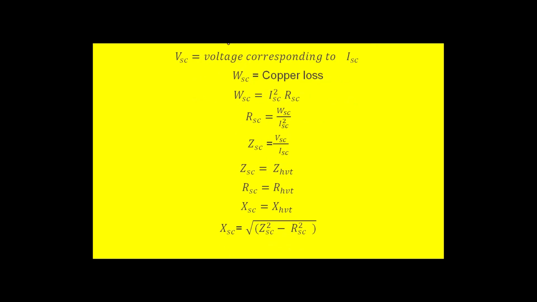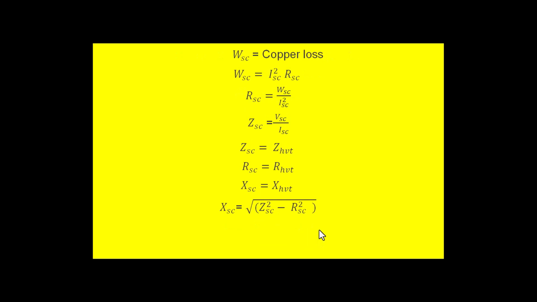Similarly, Xsc is nothing but the inductive reactance referred to the HV side. This Xsc can be calculated using Zsc and Rsc, that is root of Zsc square minus Rsc square.